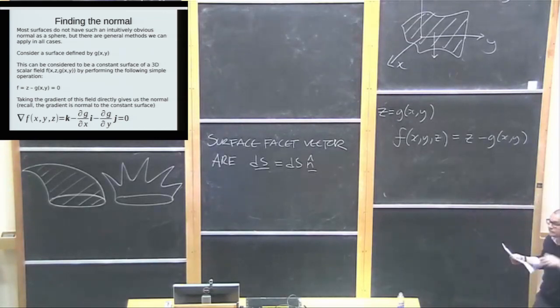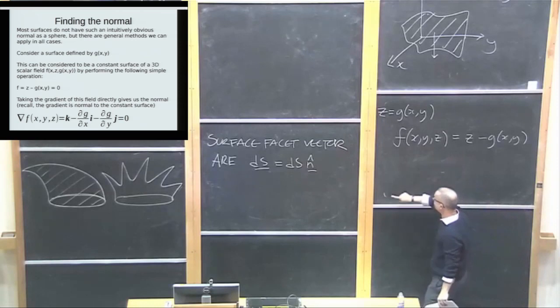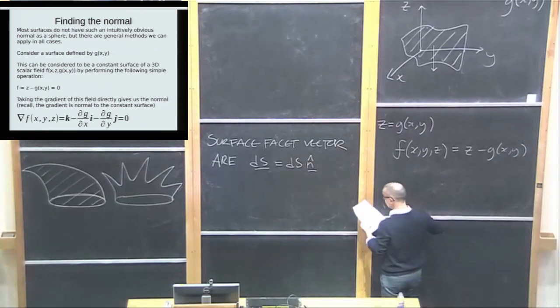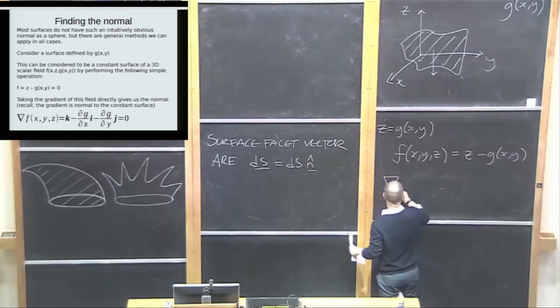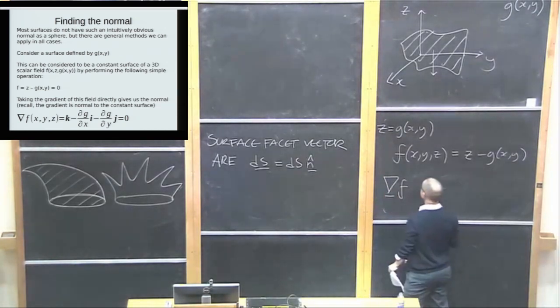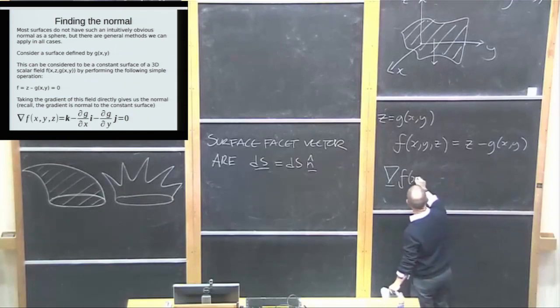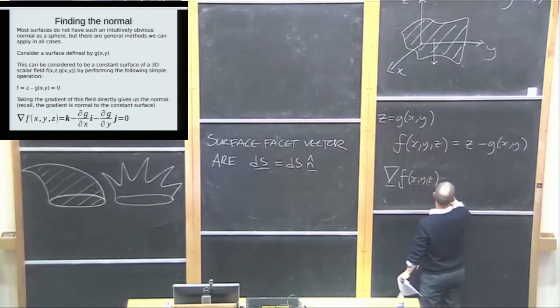So now we know that we have a 3D scalar field. We know from previous lectures that the gradient of this field will give us a normal to that surface, to that equipotential. So we work out the gradient of f, our 3D equipotential.